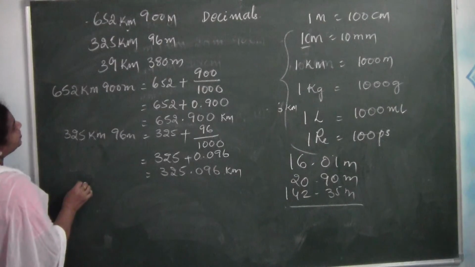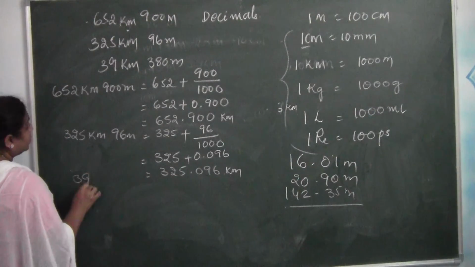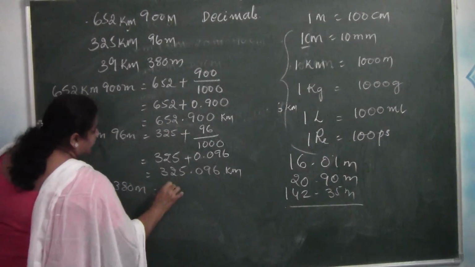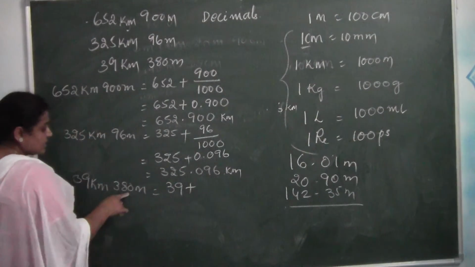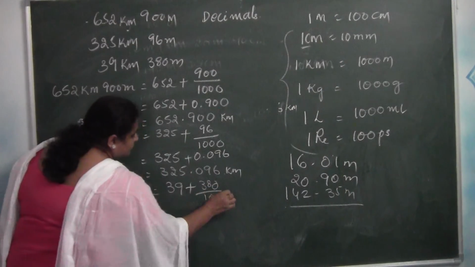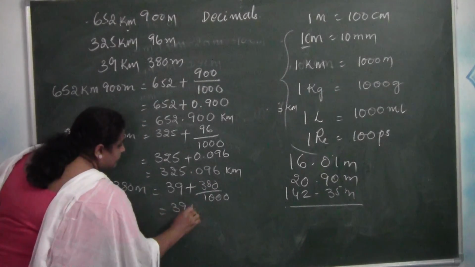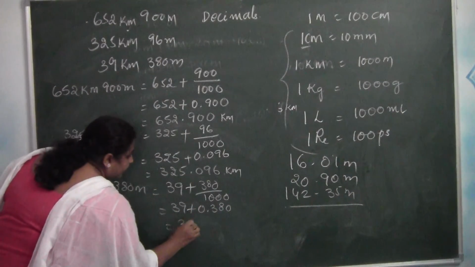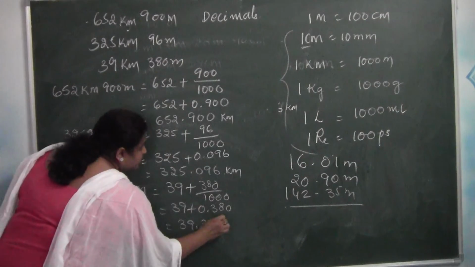Next we have 39 kilometers and 380 meters. 39 plus 380 by 1000. Then 39 plus 0.380, that is 39.380.